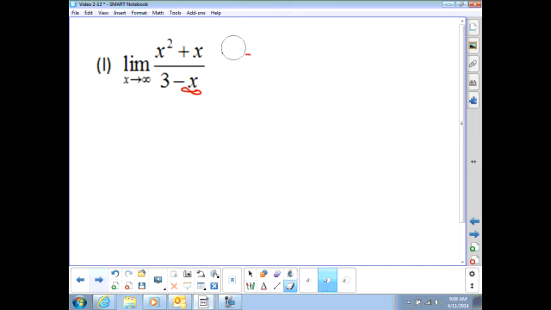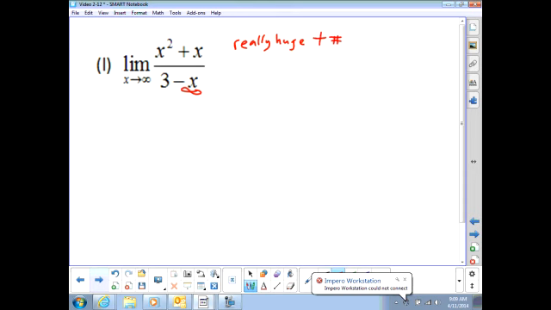So one way to think of this is you have a really huge positive number on top, and you also have a huge negative number on bottom. The reason the bottom's just huge and not really huge is because you didn't have it squared and added to something. So the top should be significantly bigger than the bottom still.